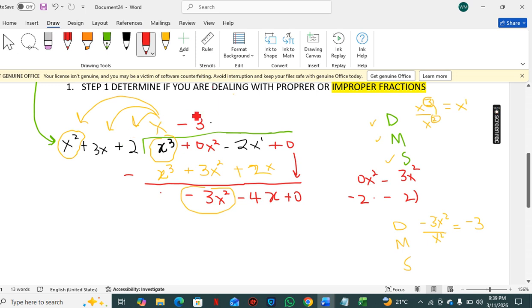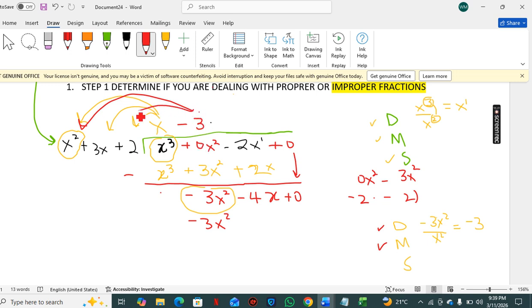So the process just repeats itself. Have you seen here where we divided negative 3x squared divided by x squared? We get negative 3. So we divided. Step 2, multiply. So you're going to say negative 3 times x squared here, we're going to get negative 3x squared.